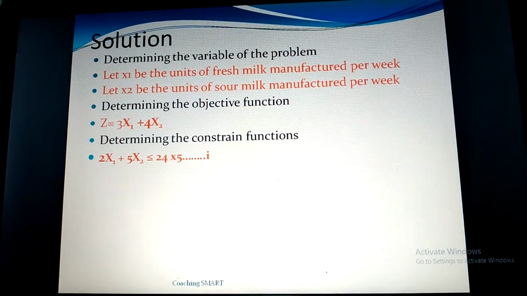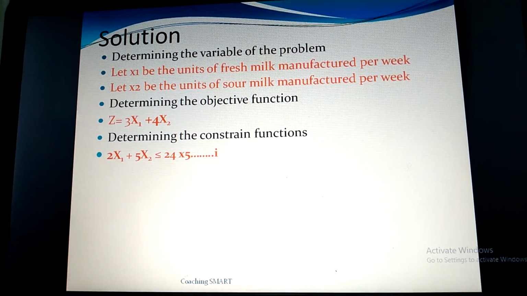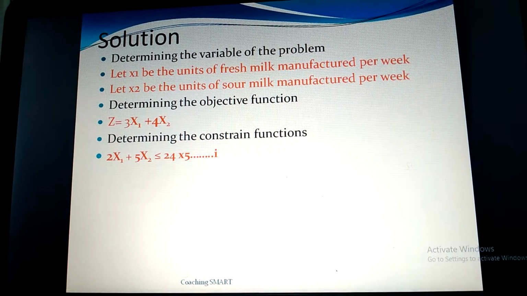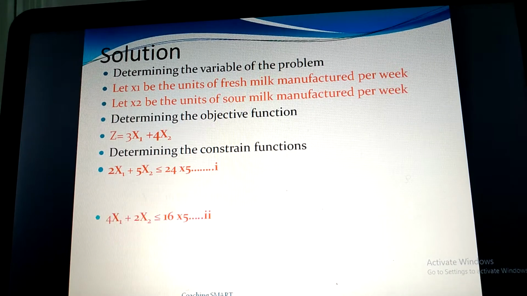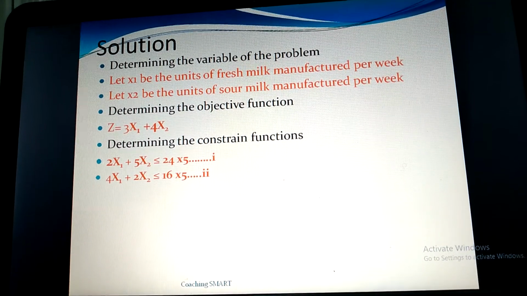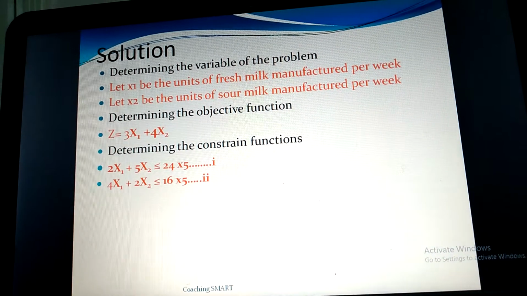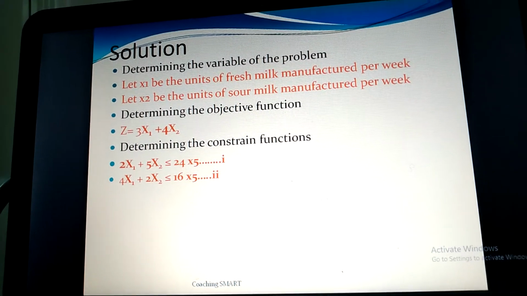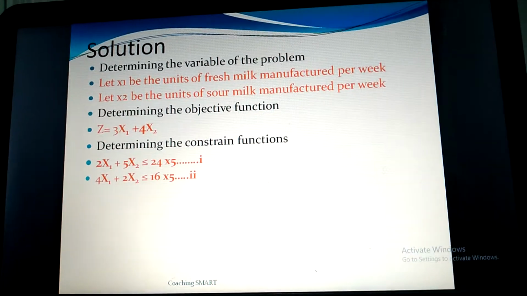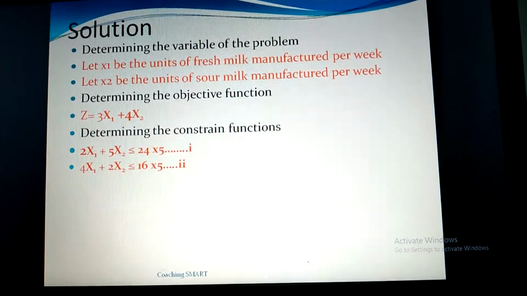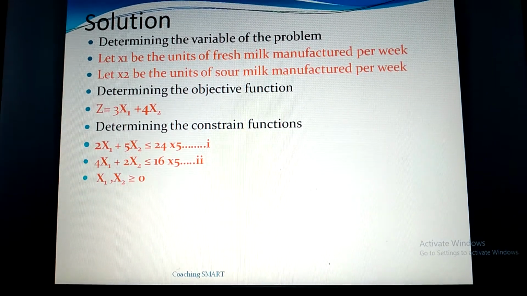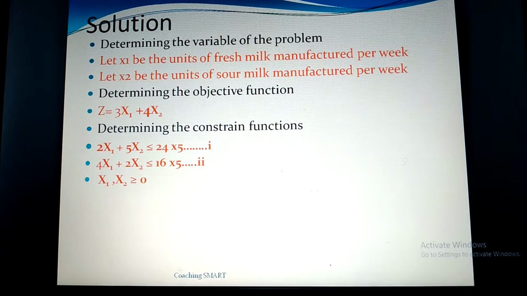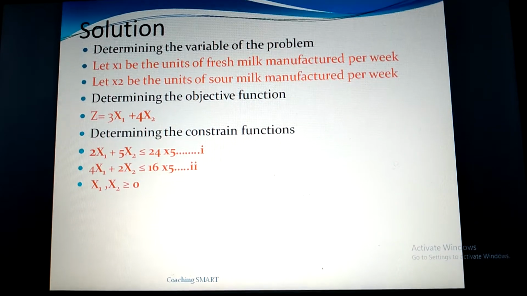We say 2x1 plus 5x2 is less than or equal to 24 hours times 5 days per week. Equation 2, 4x1 plus 2x2 is less than or equal to 16 times 5 days. So this is the nature of the constraints that we have, whereby x1 and x2 must be greater than or equal to 0.